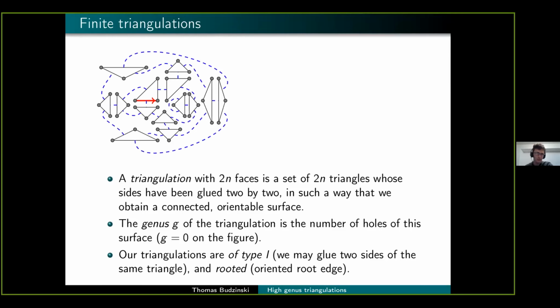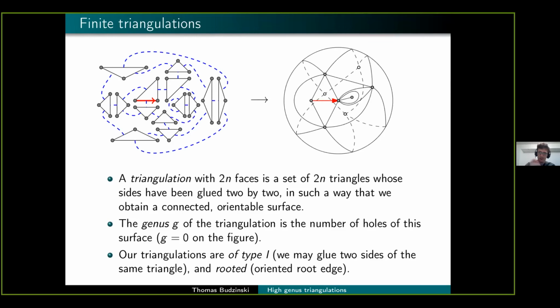For example, with the gluing in the picture, on this example I get a surface of genus 0, which is just a sphere. I don't have any hole in my surface. And in general, I could get a surface with g holes, and g is the genus of my triangulation.